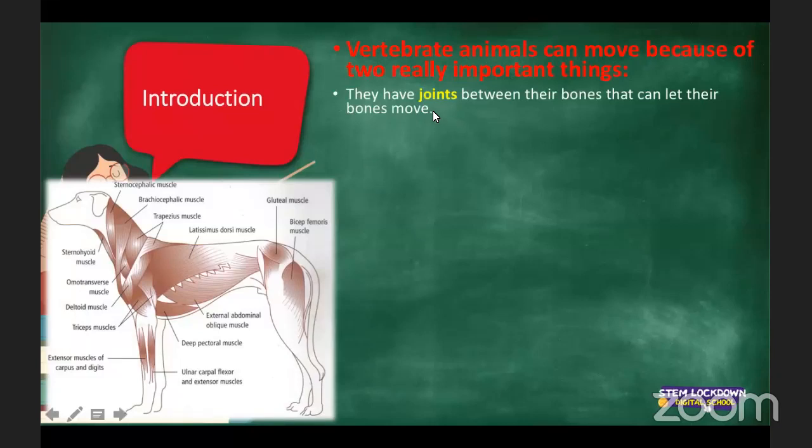The first point is joints. What are joints? Vertebrate animals have joints between their bones that let them move. The same applies to human beings. We have joints attached to our bodies. Therefore, as human beings, your shoulder has joints, so you can move your shoulder in different directions. All right.